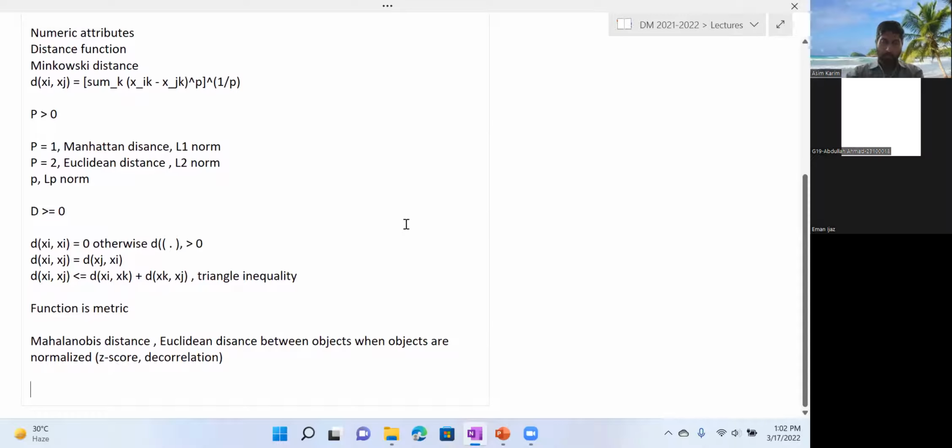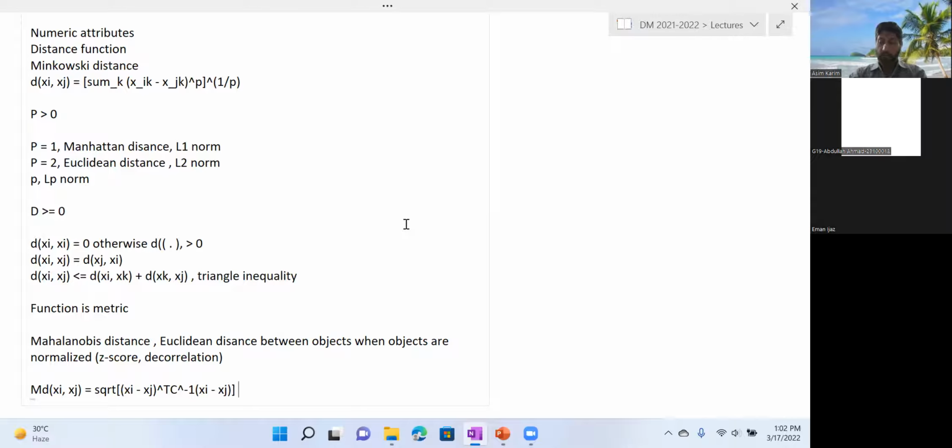The Mahalanobis distance of xi, xj is simply the square root of (xi minus xj) transpose, the inverse of the covariance matrix, which is used to normalize the two vectors, times (xi minus xj). So this is the formula for the Mahalanobis distance.